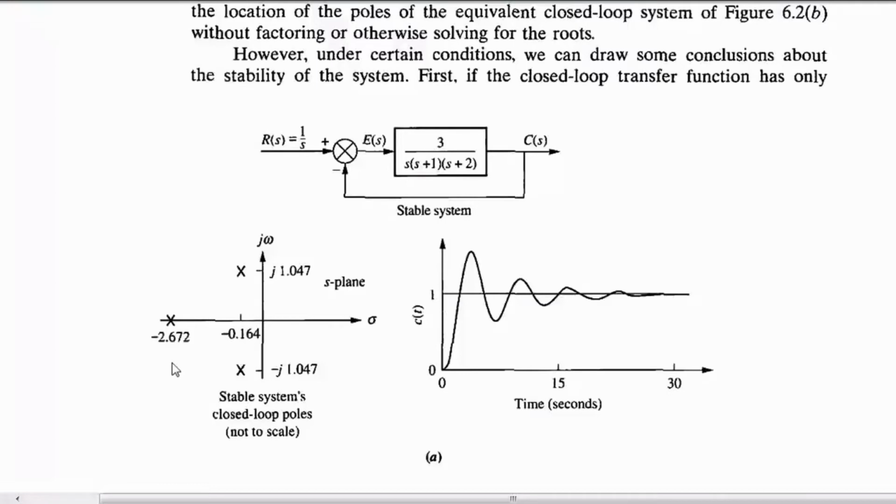So the poles' locations are plus j 1.047 and minus j 1.047, and the third pole is at minus 2.672, right? And if we check the response, we will have this kind of response given in the figure here.